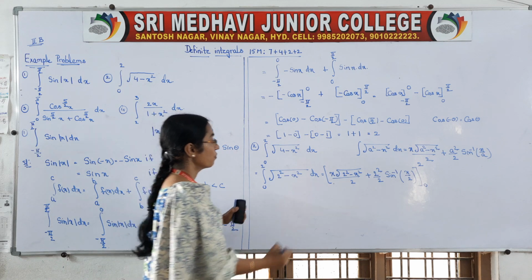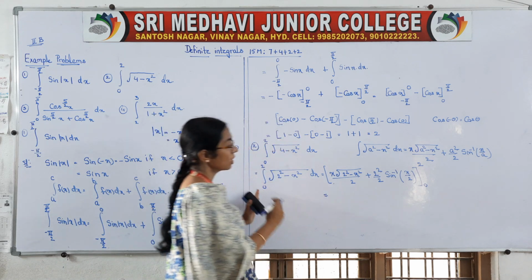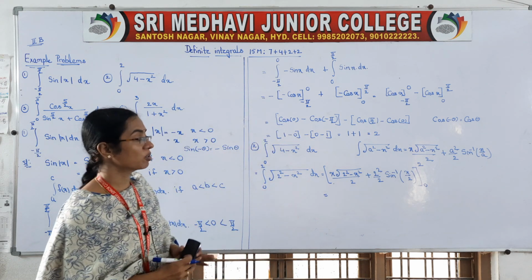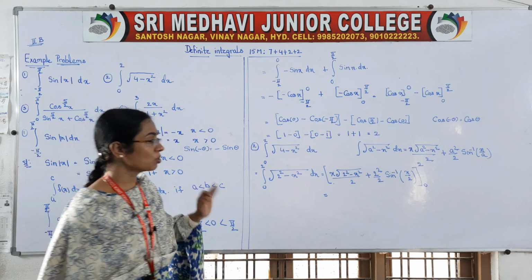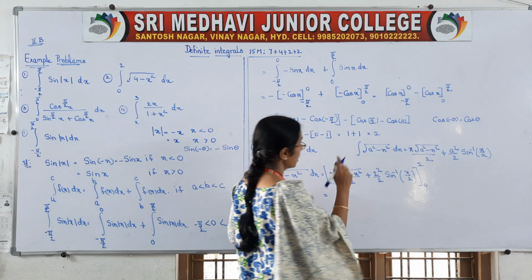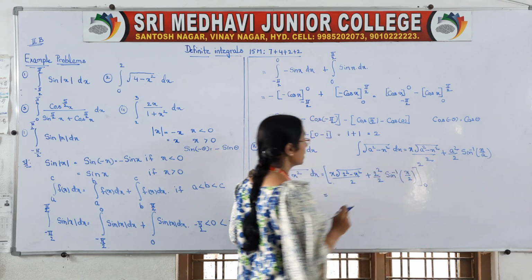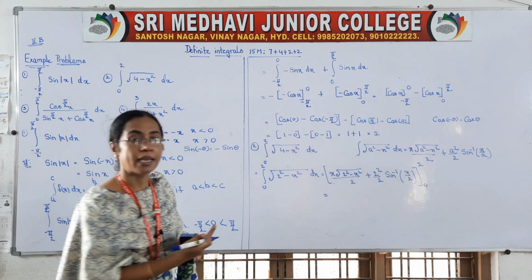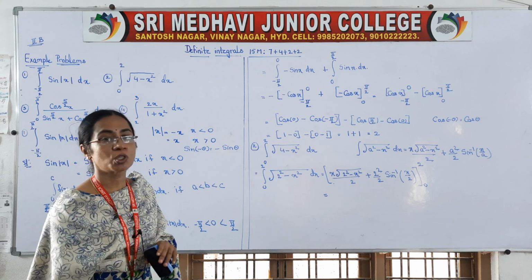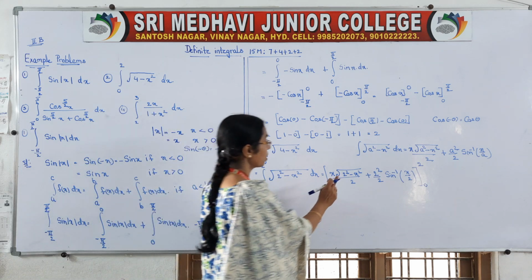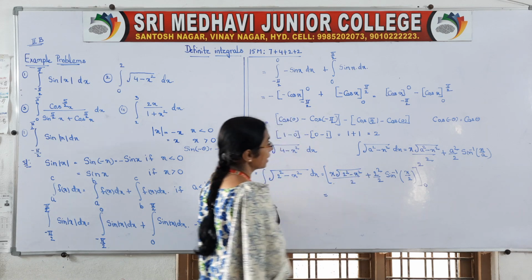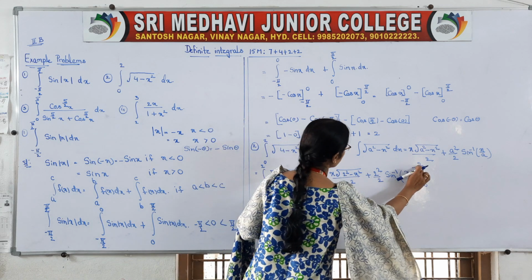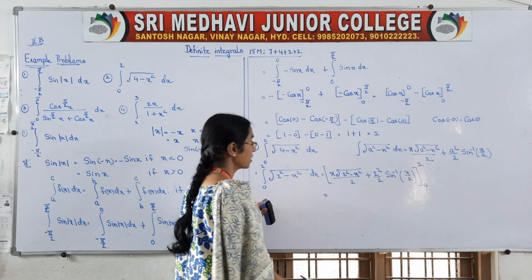After applying the formula, we take the limits on the right side. In the place of x, first you substitute the upper limit and then the lower limit. First substitute the upper limit, wherever x is there. What is the upper limit? That is 2. So substitute.